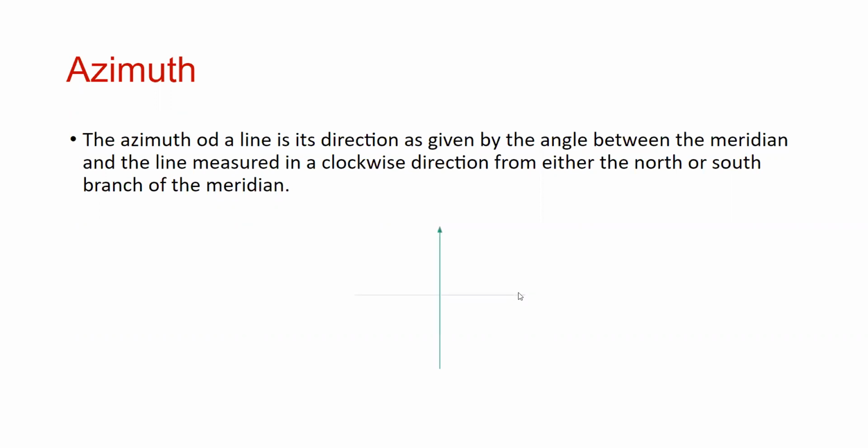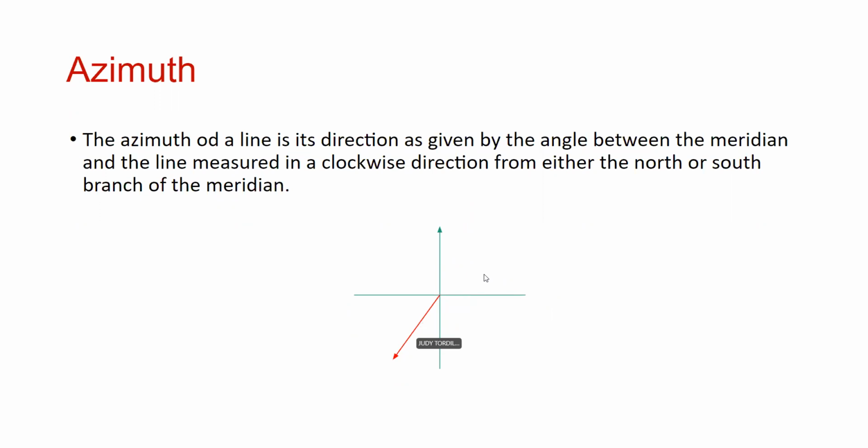So let's say we have here a line. We have north, south, east, and west. So let's say we have here a line, AB. So pag gusto natin kunin yung azimuth nito from north, papunta lang tayo dito. And yung angle na na-form dito will be your north azimuth.